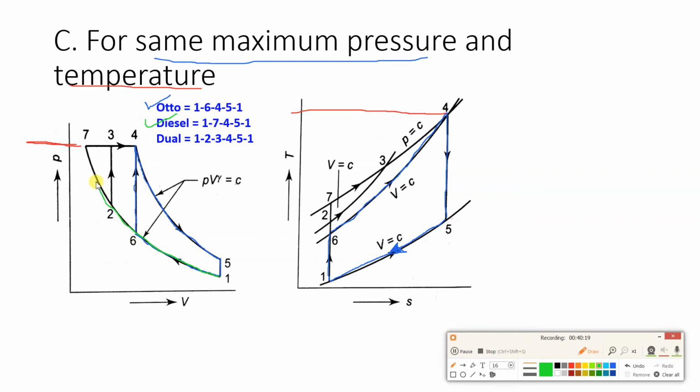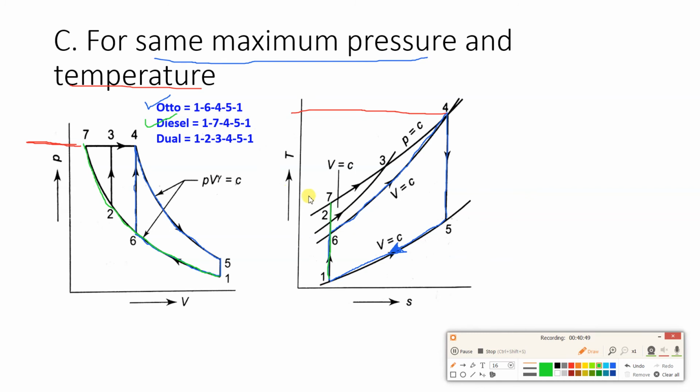Now we are going beyond this point number 6. Why? Because we have to maintain the same maximum pressure in diesel cycle. So 1 to 7, again I'll show 1 to 7 on the TS diagram. This is for isentropic compression.